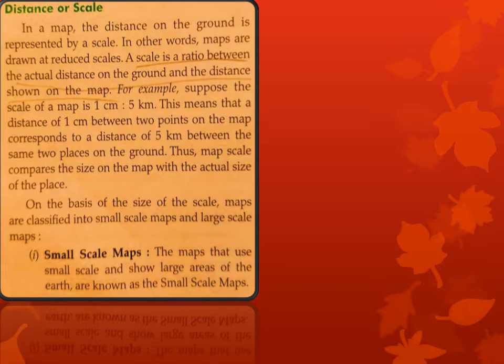Like this, map scale compares the size on the map with the actual size on the ground. The definition is: a scale is a ratio between the actual distance on the ground and the distance shown on the map.